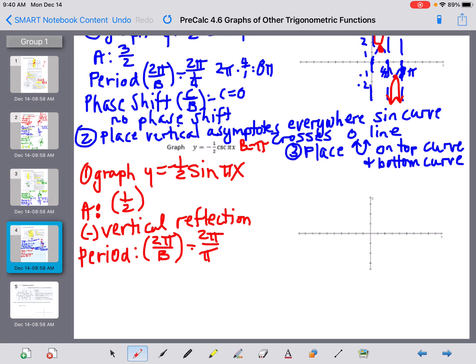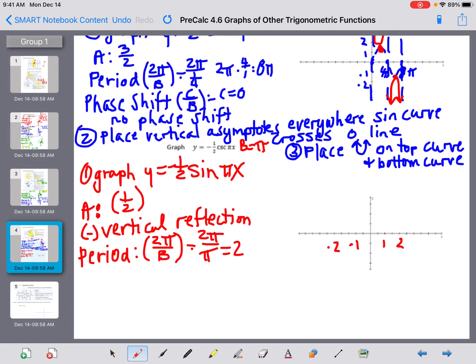Anything multiplied times the x is going to affect that period. So 2 pi divided by pi is 2. That means 4 lines out, I'm at 2. Halfway between that is 1. We have negative 1, negative 2 when we're looking at that.